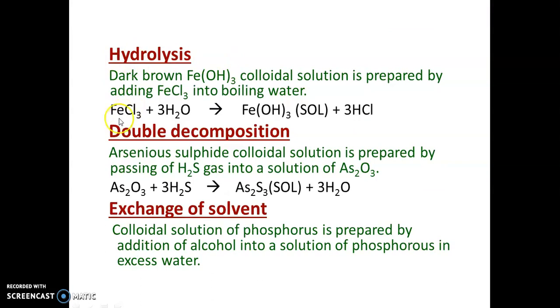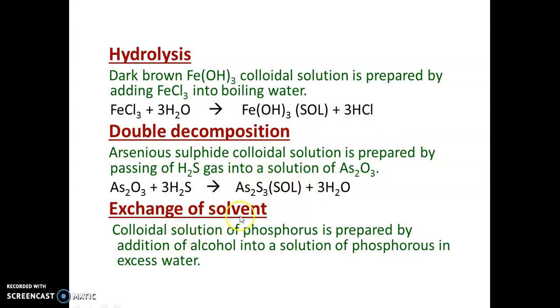Third is hydrolysis. FeCl3 को वाटर में ऐड कर देंगे, then it forms Fe(OH)3 का सोल and HCl. Next is the double decomposition. आर्सेनिक सल्फाइड है, इसको हमें H2S पास कराते हैं तो डबल डिकम्पोजिशन होता है, As2S3 का सोल प्रिपेयर होता है.